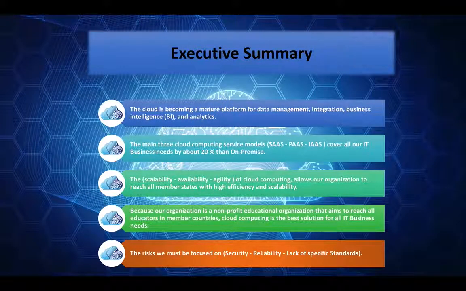The first thing we started with is the executive summary and how we adapt cloud computing for our organization. Cloud computing has become a main platform for data management, integration, business intelligence, BI, and analysis.